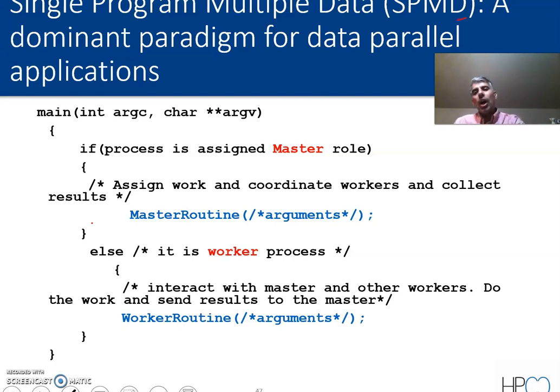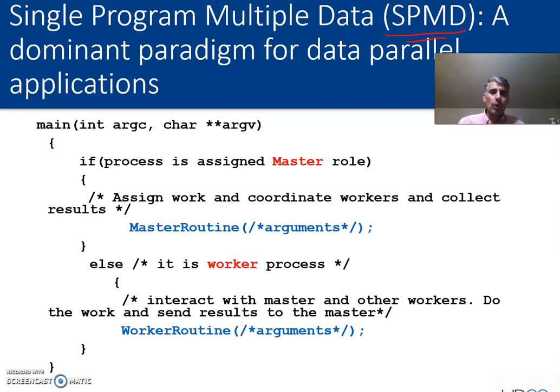So MPI is an example of SPMD programming style. SPMD stands for Single Program Multiple Data. In other words, as an MPI programmer, you just create one program.